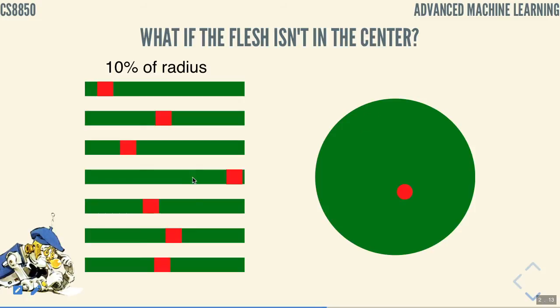If we don't know where this good and tasty flesh is, what is the probability that we'll actually hit it by uniformly sampling within this area of a circle, right? It's 1% of the area. When the flesh is 10% of the radius, it's just 1% of the area. So your probability of randomly hitting the sweet spot, this circle, is 0.01.